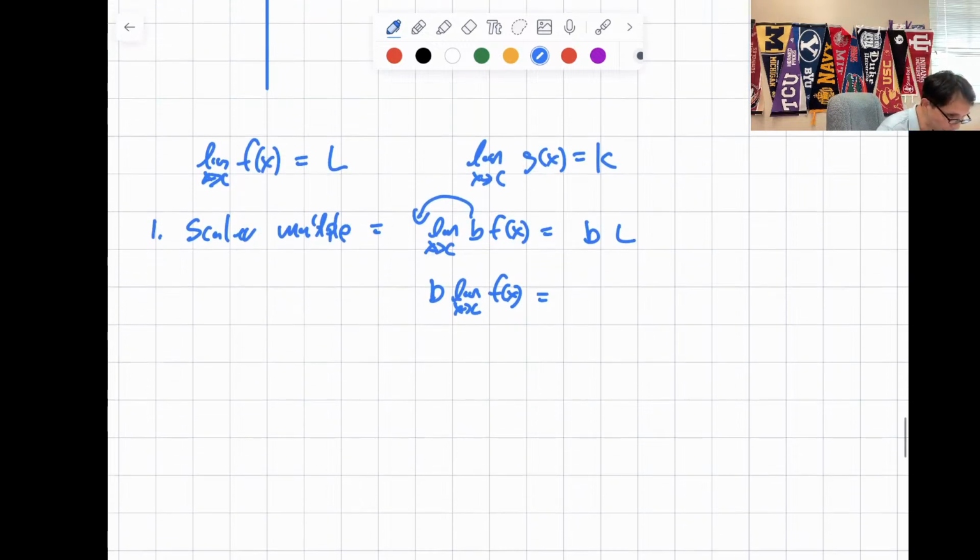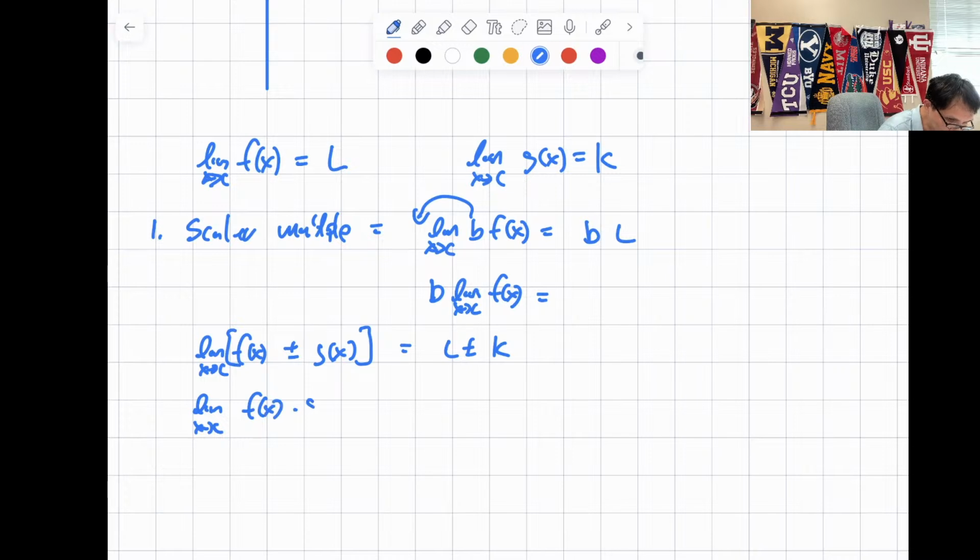The other ones are all very self-explanatory. The limit as x approaches c of f of x plus or minus g of x is equal to L plus or minus k. Duh. The limit as x approaches c of f of x times g of x is equal to L times k.